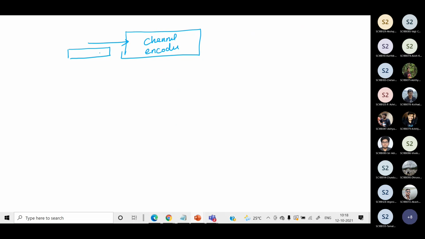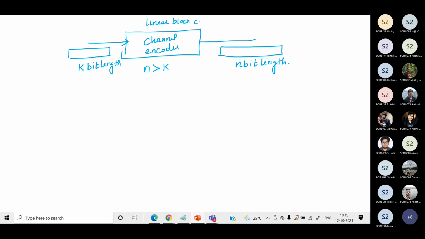Here the data will be zeros and ones, k bit length. The channel encoder maps it to a block of n bit length. So here we have n greater than k. So this is a linear block code.